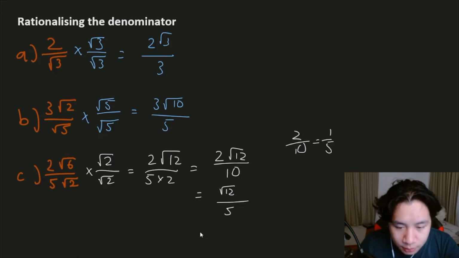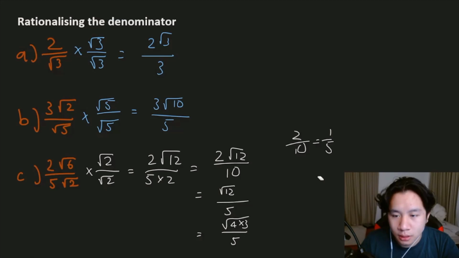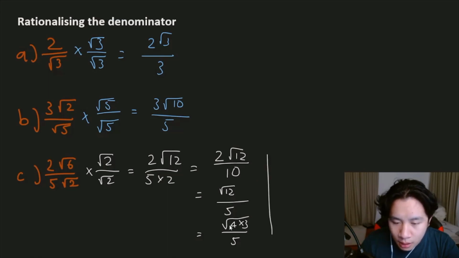And so root 12 is the same as square root 4 times 3 over 5. And I will just write the rest here. So when you have this, you can write it like 2 root 3 over 5.